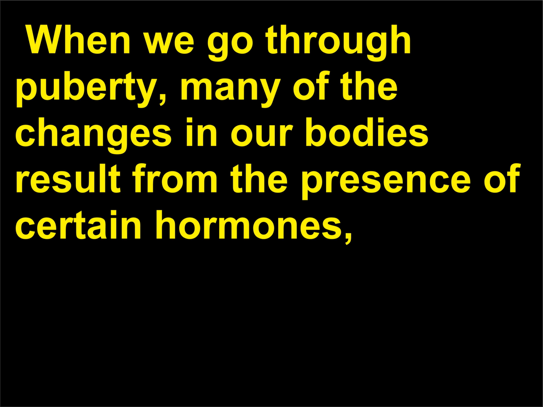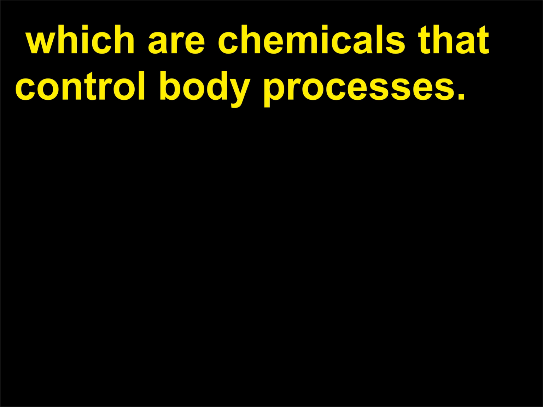When we go through puberty, many of the changes in our bodies result from the presence of certain hormones, which are chemicals that control body processes. We have hair follicles all over our bodies.